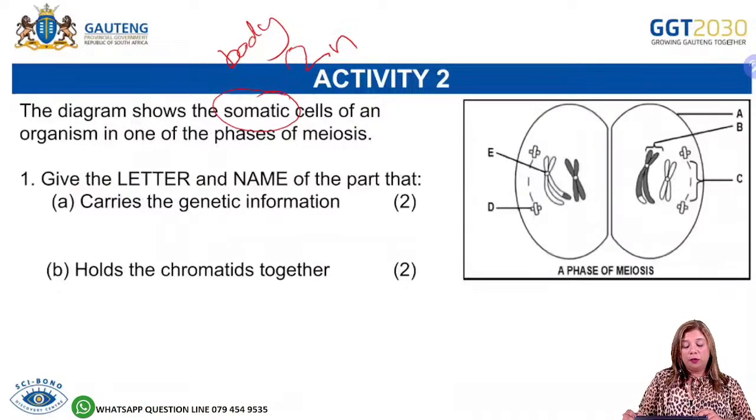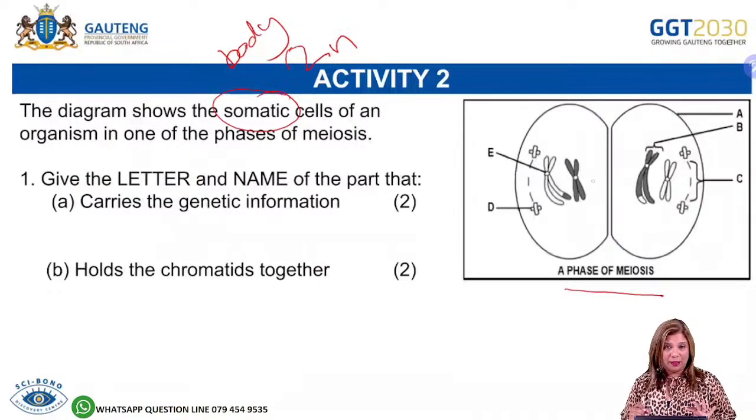So the diagram shows the somatic cells of an organism in one of the phases of meiosis. So they're not telling us which phase this is, but we have a diagram, and they're saying it's a phase of meiosis. And we can already see that they want labels of the centromere. They want some information about this diagram. And looking at this diagram now, the first thing I'm asking myself is, is it meiosis 1 or meiosis 2? How do I know?